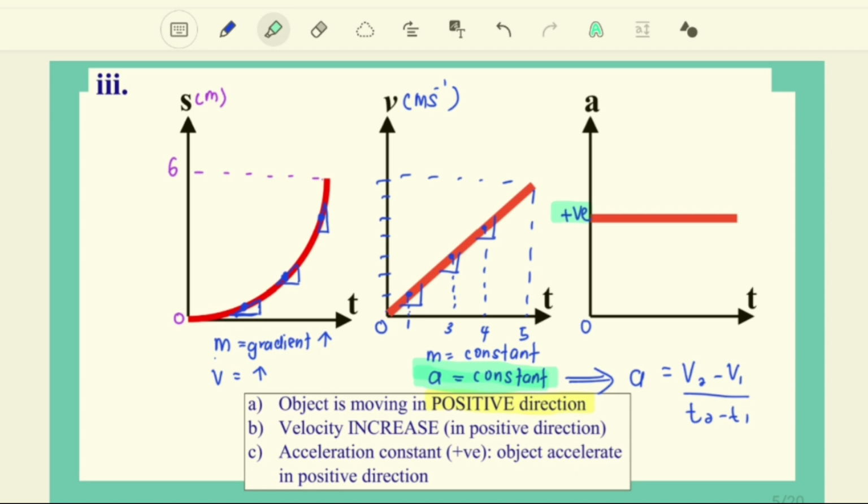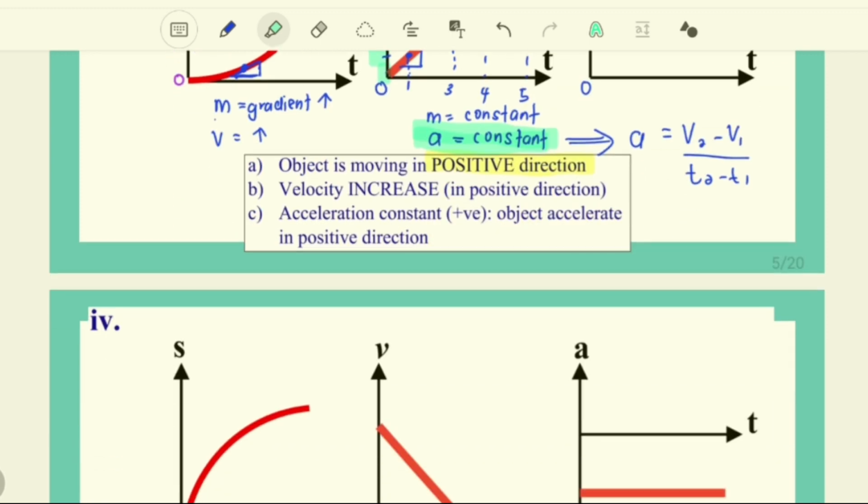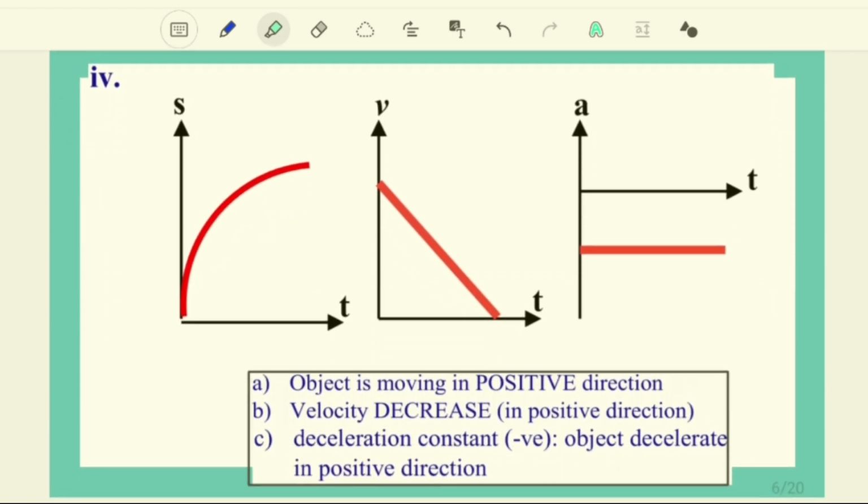Okay, dia bergerak, dia memecut. So, laju meningkat from 0, 1, 2, 3 dan seterusnya meningkat sehingga ini. But how about the acceleration? The acceleration is constant. Okay, at one positive value. Alright, next.